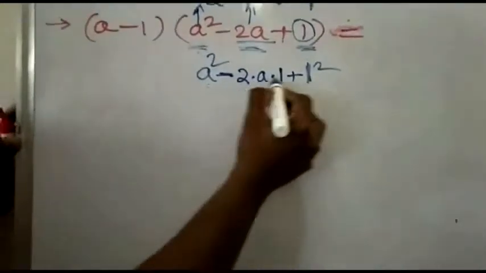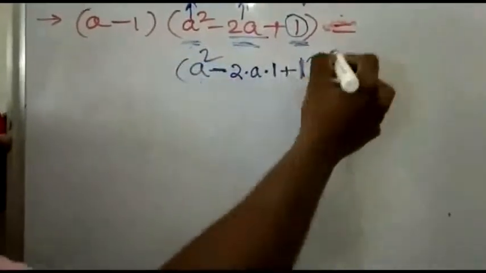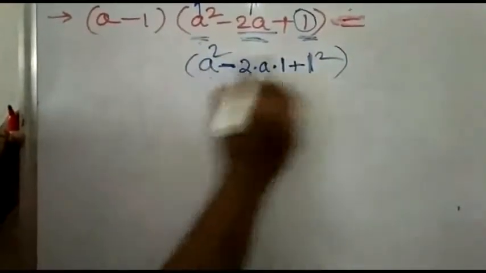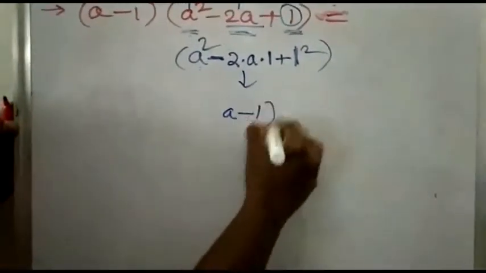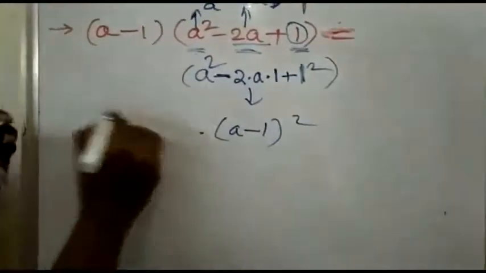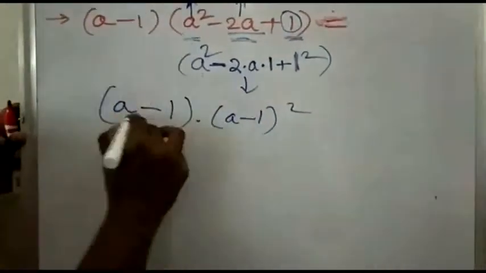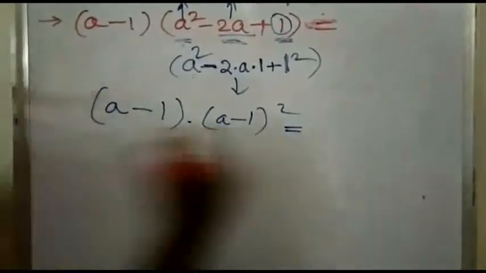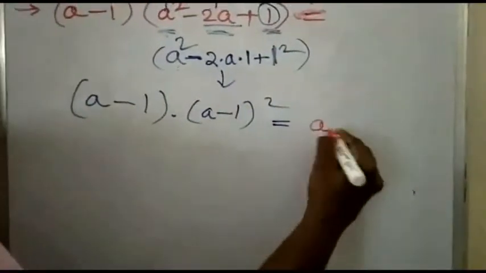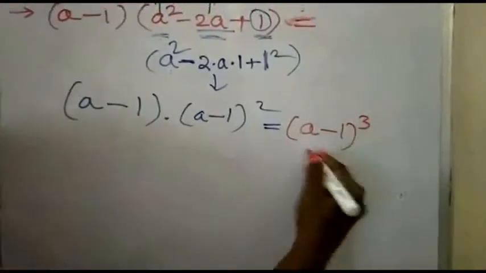So a square minus 2a into 1 plus 1 square. What is this? This is a minus 1 whole square, right? So a minus 1 whole square into the remaining one, a minus 1. a minus 1 into a minus 1 whole square is a minus 1 whole cube.